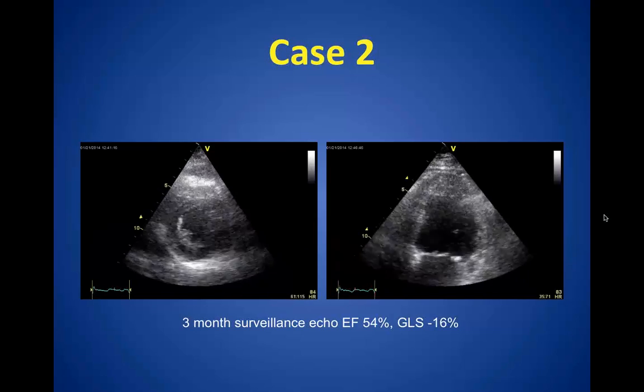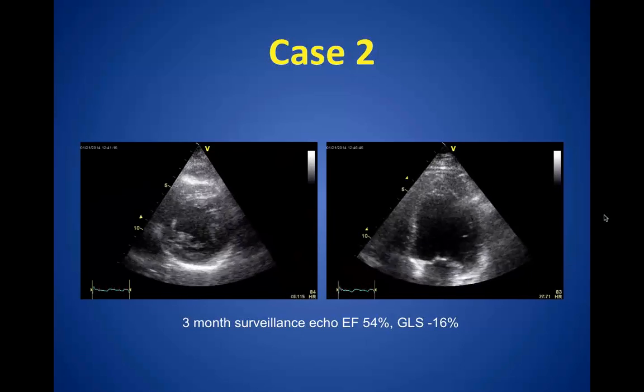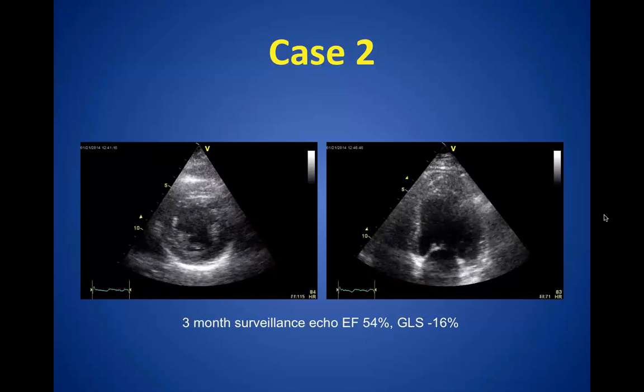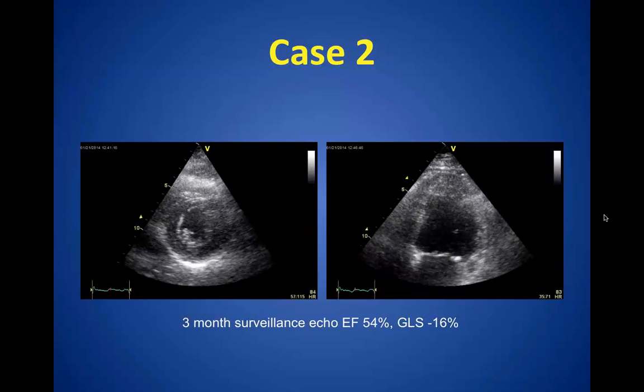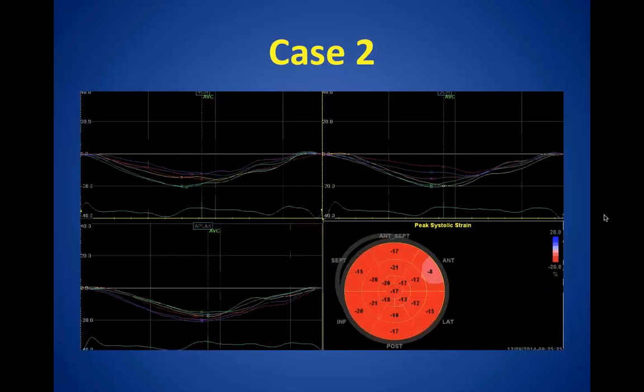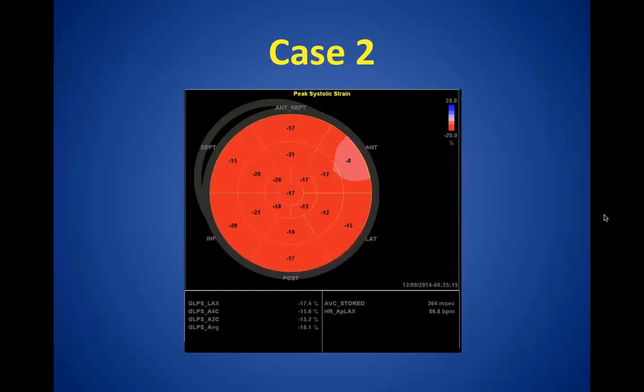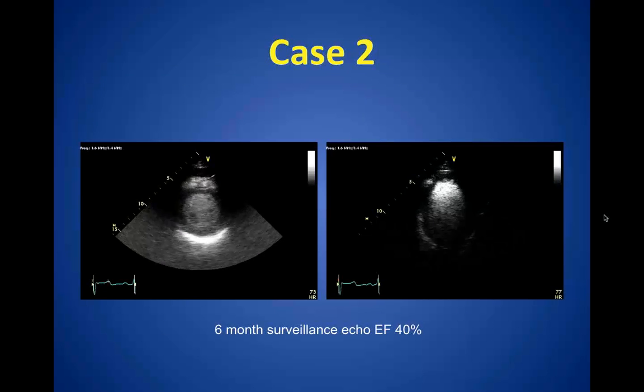However, there's now a change noted on her global longitudinal strain, so it's gone down from negative 22% to negative 16%. And here are the strain curves in the bullseye showing the change in her strain at the 3-month point. At 6 months, her ejection fraction is clearly diminished, and so now it's at 40%.